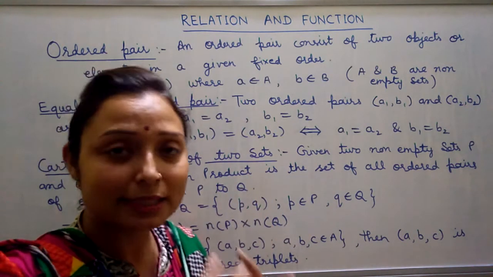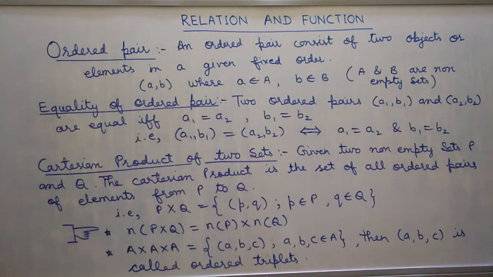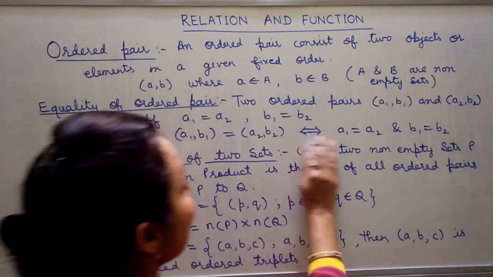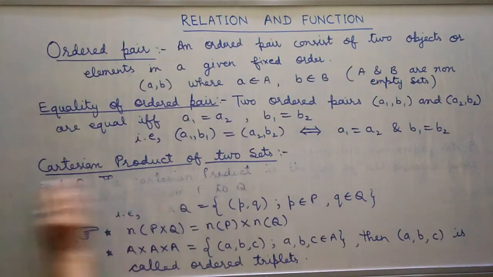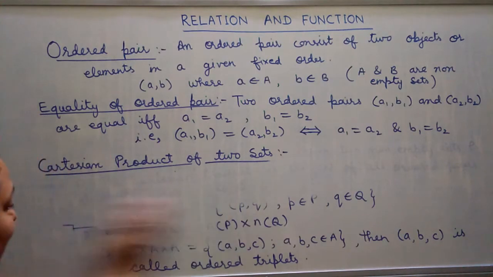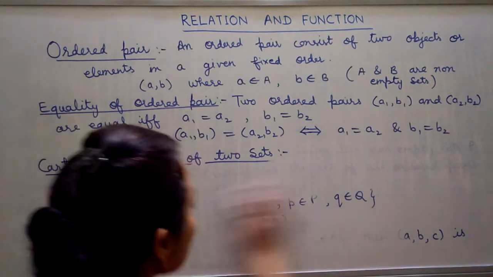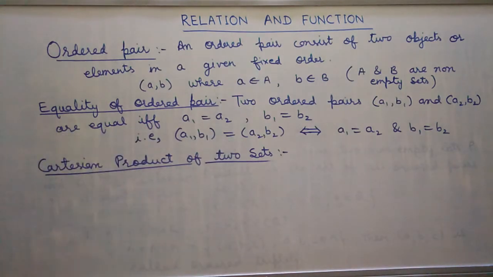What is the Cartesian product and how can we find the Cartesian product? I will take the example from numerical numbers so that the product will be clear to everyone, how the product is taken and how we consider the Cartesian product.